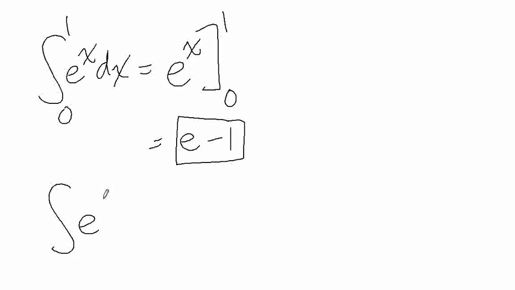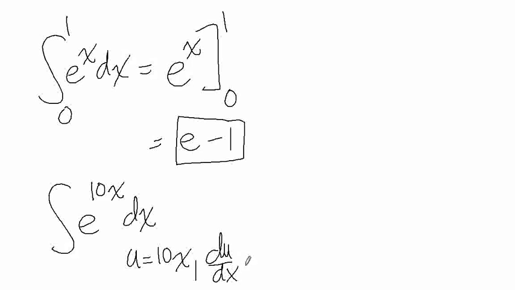What about the antiderivative of e to the 10x? Well, we can use u substitution. We can let u equal 10x. Then we know that the derivative of u with respect to x is equal to 10.